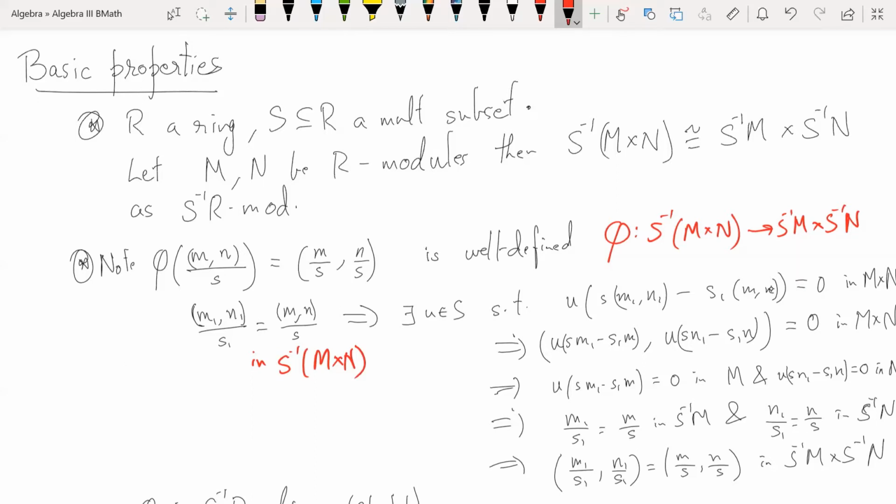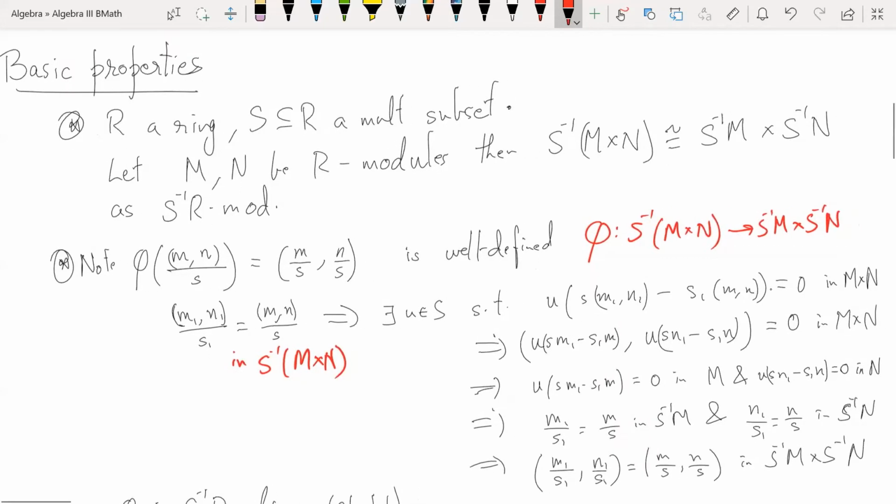So what does it mean to say that these two are equal in terms of localization? It means these two equivalence classes are the same, that is, they are representatives of the same equivalence class, which means there exists u in S such that u times (s times the numerator of the first one minus the denominator of the first one times the numerator of the second one) is 0.